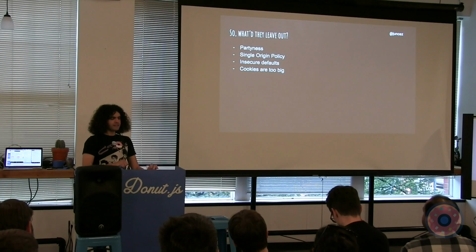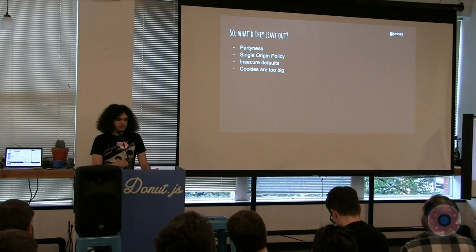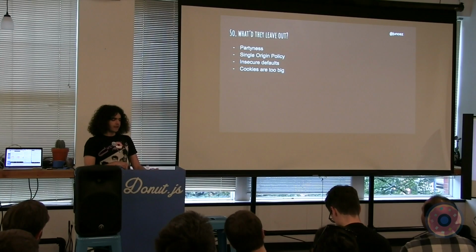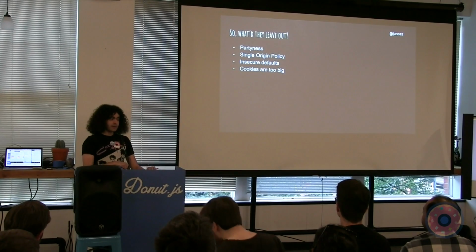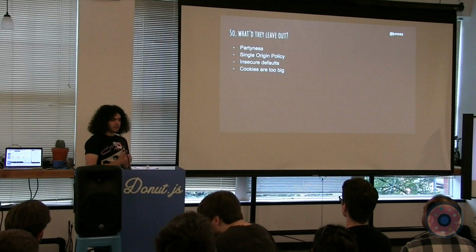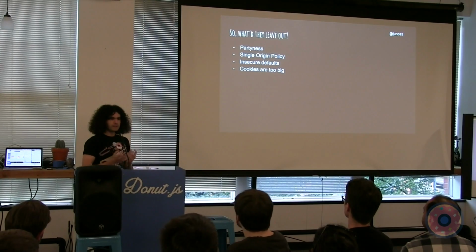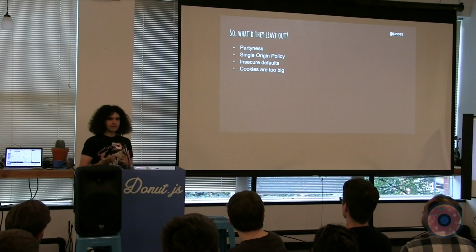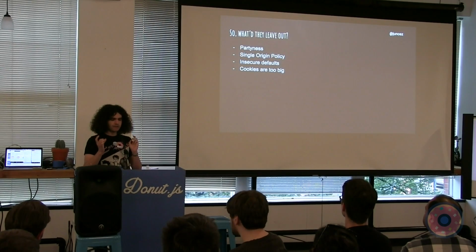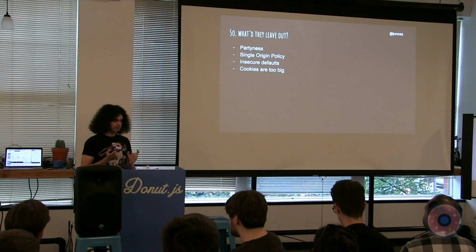So what did this specification leave out? It left out the notion of partiness, which we'll cover in a second. It was written, and cookies were implemented, before the notion of the same-origin policy, which is what we might be more familiar with, especially as JavaScript developers or front-end developers. So they have a slightly different notion of what a domain or an origin means.